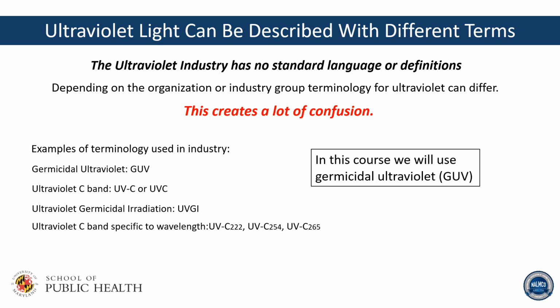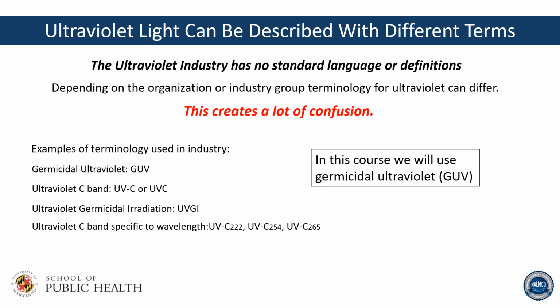Ultraviolet light can be described with different terms. The ultraviolet industry has no standard language or definitions, and depending on the organization or industry group, terminology for ultraviolet can differ. This creates a lot of confusion.